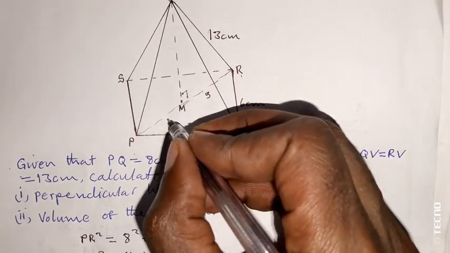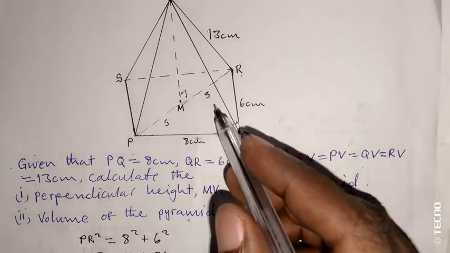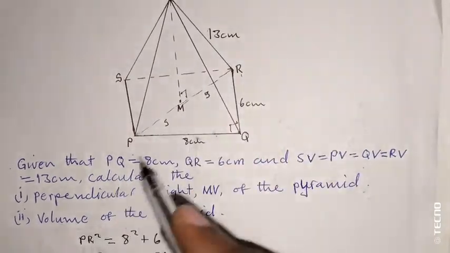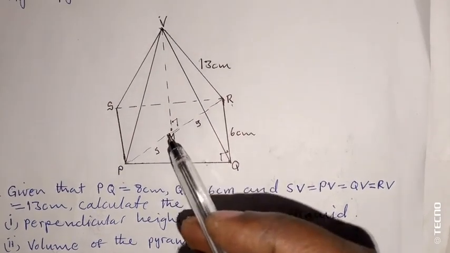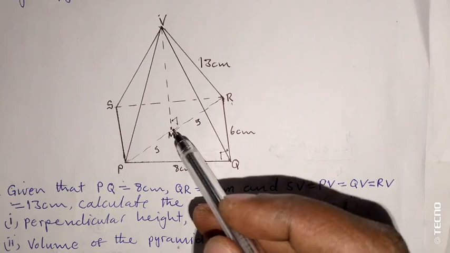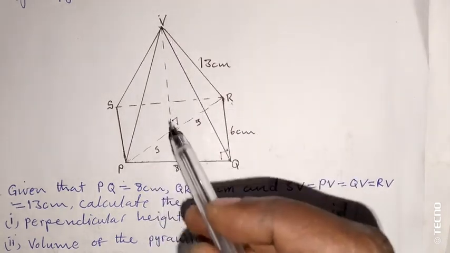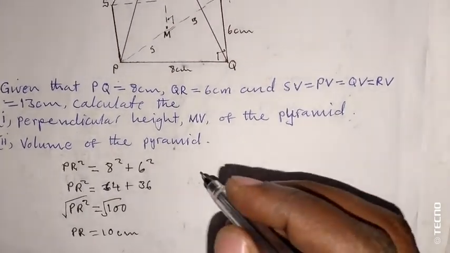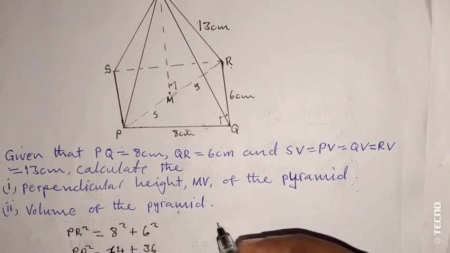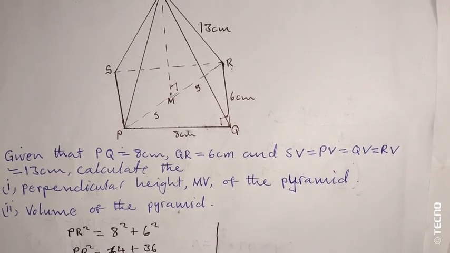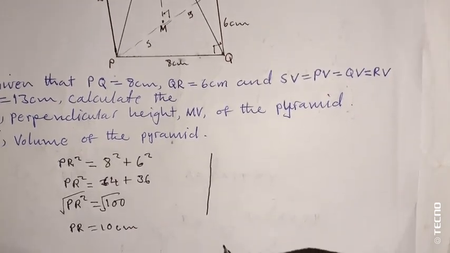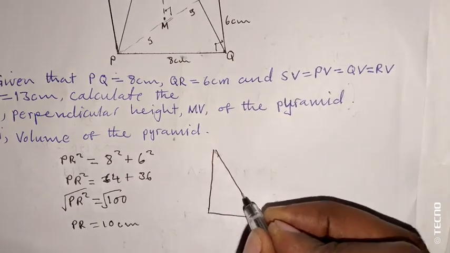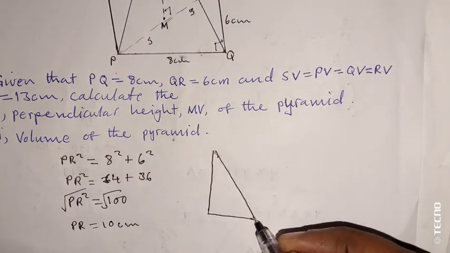So even this side is 5, because this is the diagonal. Once you cut this line, it cuts PR perpendicularly, and having this, we are going to calculate MV. So how are we going to calculate MV? We have something like this triangle.